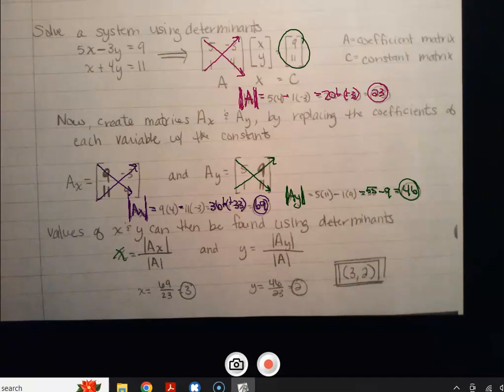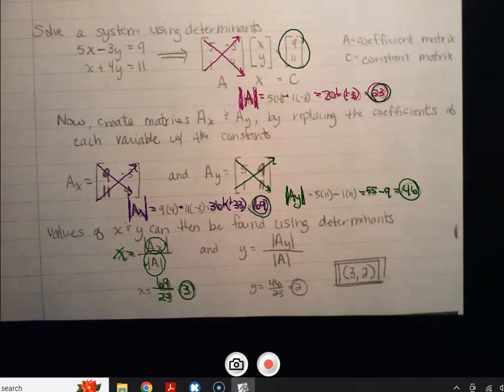So again, x is the determinant of A sub x. A sub x was 69, so we have 69 divided by the determinant of A, which was up here at 23. 69 divided by 23 is 3.